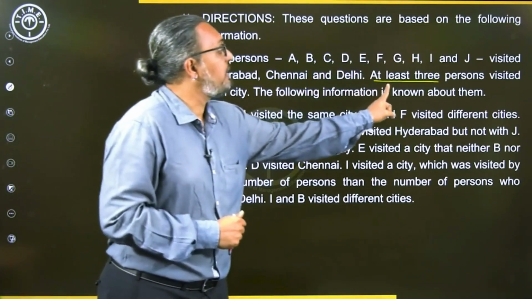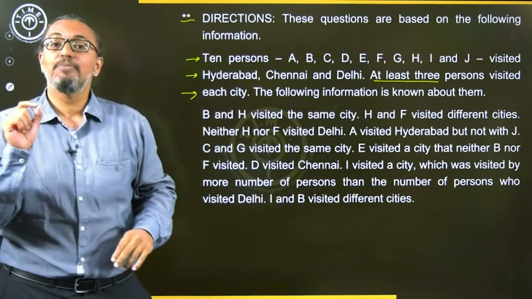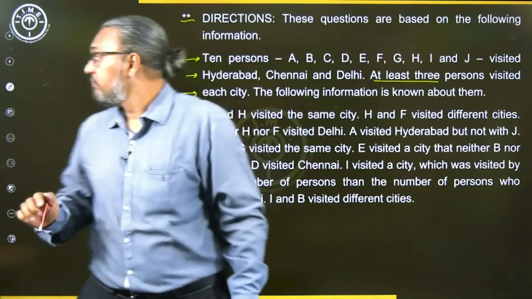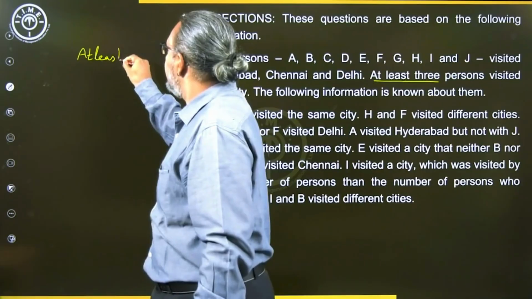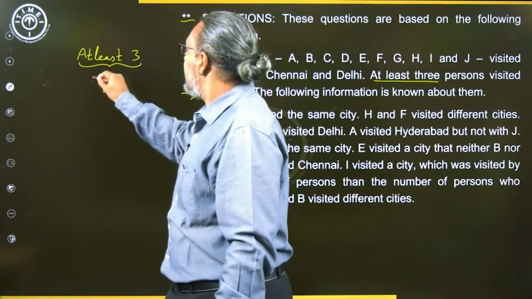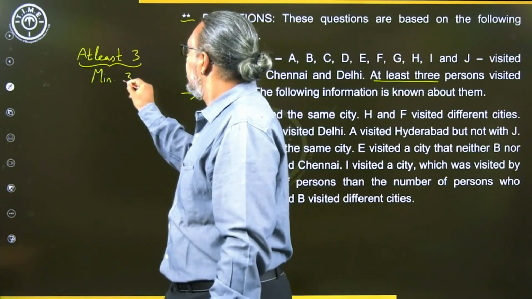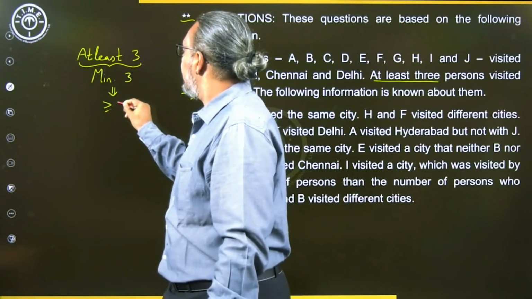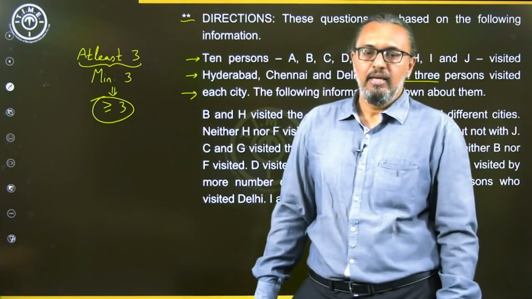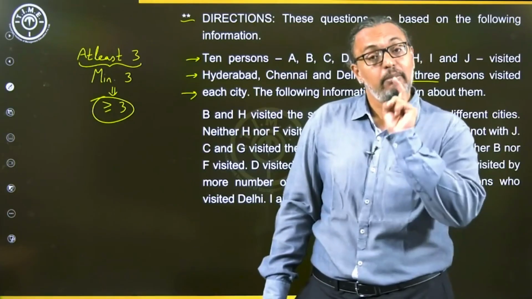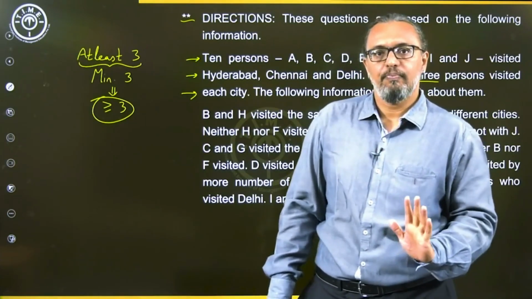And he is also saying that at least 3 people visited each city. At least means what? Minimum 3. So how do you recognize that? When he says at least 3, you have to understand that as minimum 3. Minimum means greater than or equals 3. Minimum is 3. You can have more also.